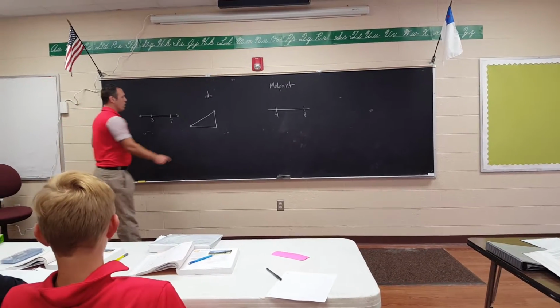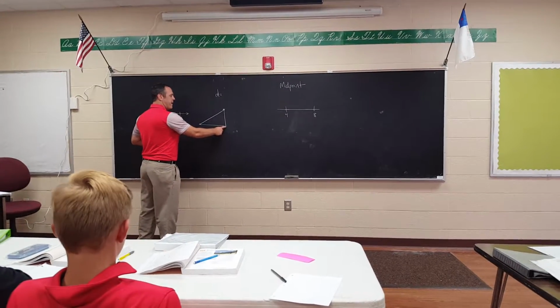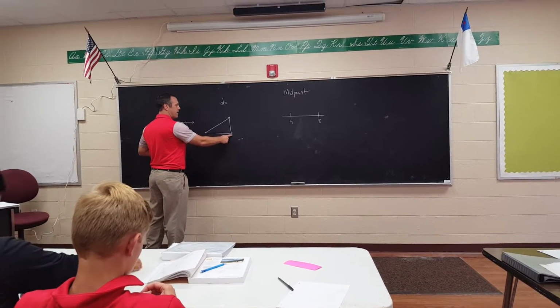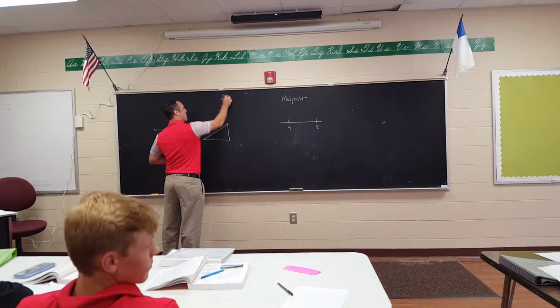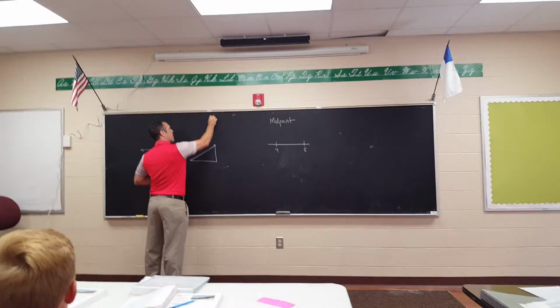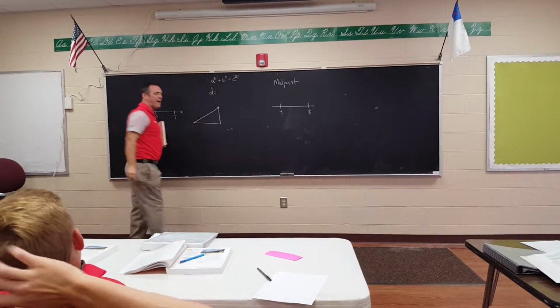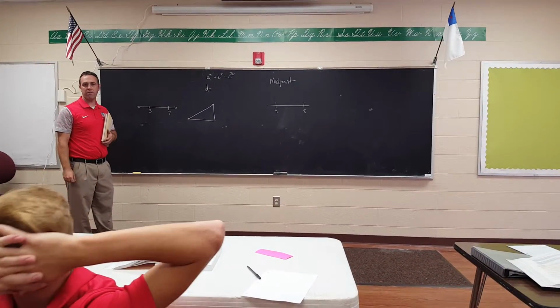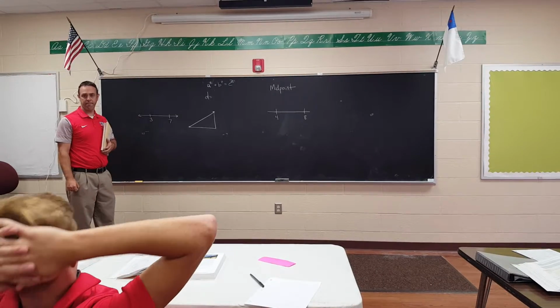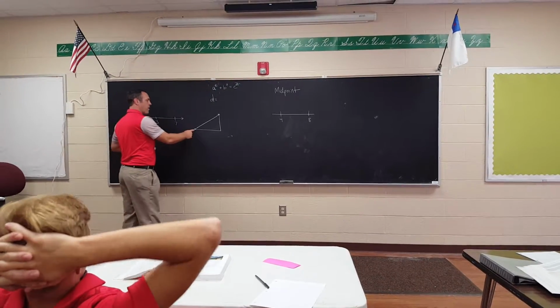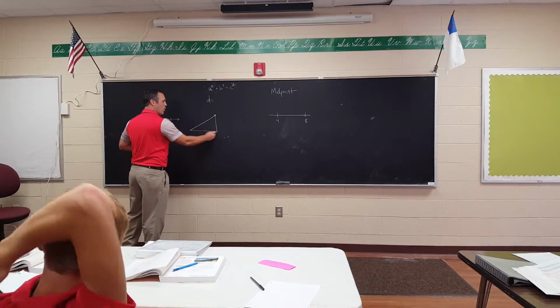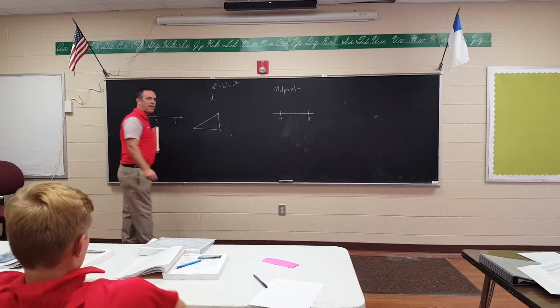Now, we just said that you find distance by subtracting, correct? All right. Now, when we're talking about the coordinate system, which one is it that moves left to right?